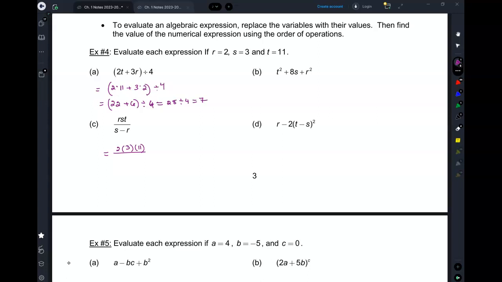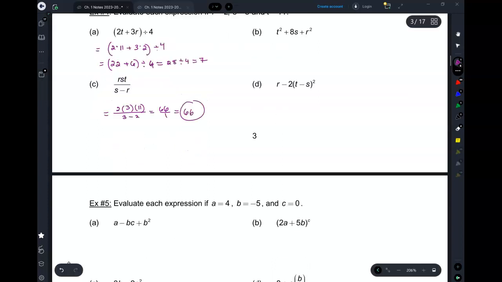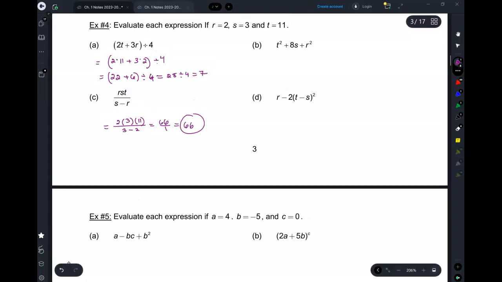And then S, 3, minus R, 2. So, what do you all think? 2 times 3 is 6, times 11, 66. Over 1, that's a good old 66. Okay.